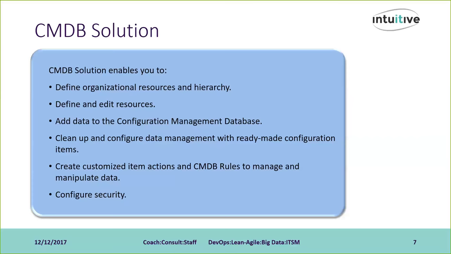For example, another example of that is serial numbers, associated contracts, owners, and so on. Out-of-the-box configuration items address the most commonly required resource management policies. CMDB rules provide the flexibility to create custom policies for individual resource management needs.